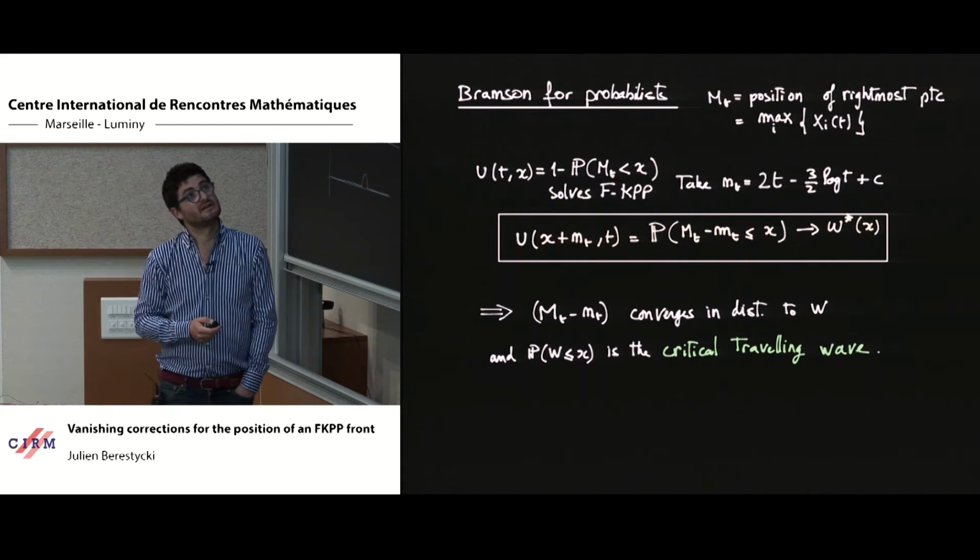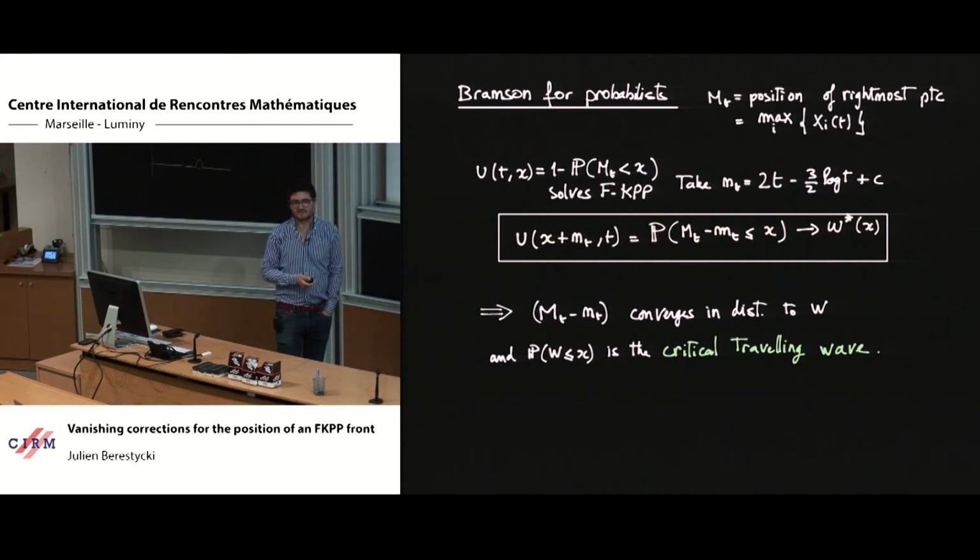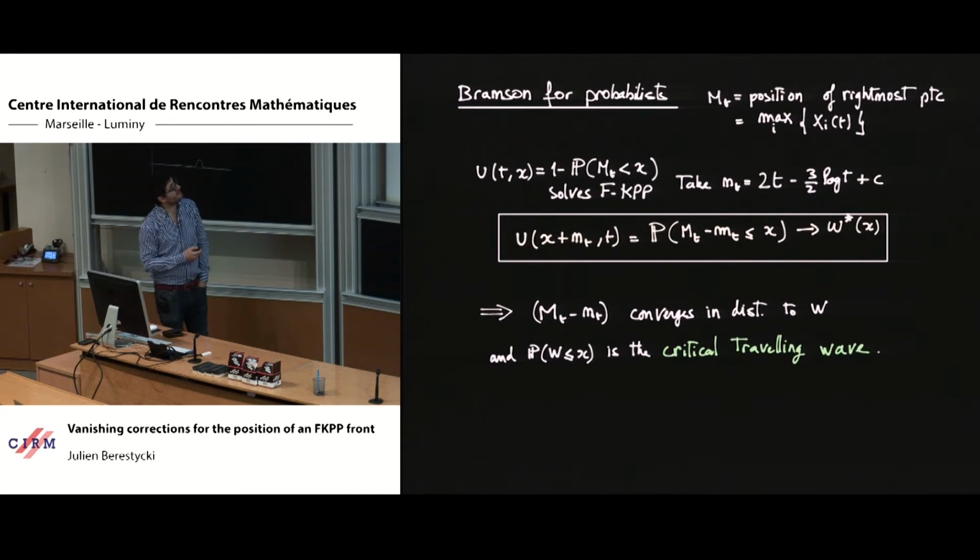Therefore, you've just proved for free that the random variable capital M minus small m, the position of the rightmost particle centered by this, is tight and converges in distribution to a distribution W. And not only that, but this limit variable W has a cumulative distribution function given by this critical traveling wave.